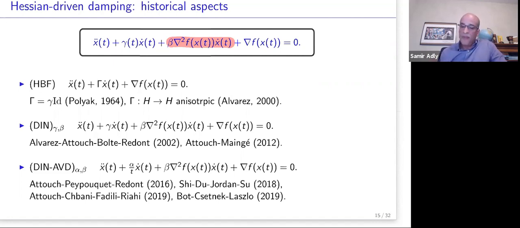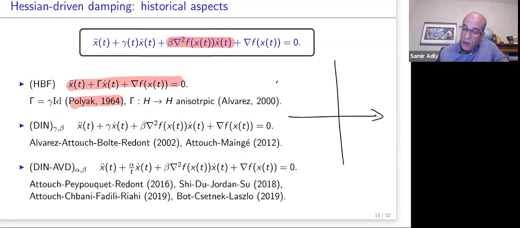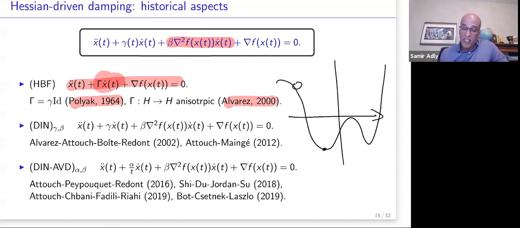We can start the story with some historical aspects, and the work by Polyak on the heavy ball with friction. The heavy ball with friction is a very simple phenomenon: you have a ball which will explore all the minima of the function. Also the work by Alvarez in 2002, where we put an operator instead of x dot. There is an interesting work in 2002 by Alvarez, Attouch, Bolte, Redont, where they use this dynamic with two coefficients.